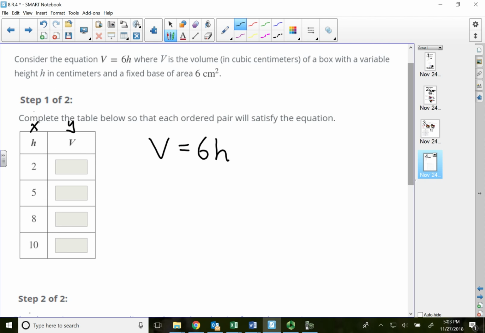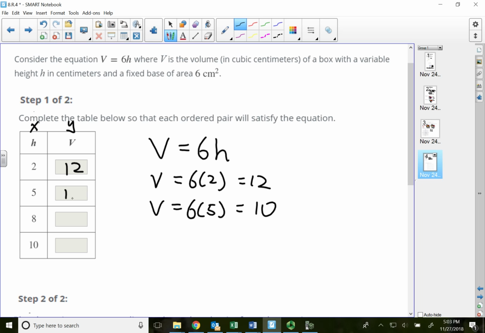So all I'm going to do is substitute 2, 5, 8, and 10 for h so I can see the volume. So my volume equal to 6 times 2, which we know is 12. Next point, 6 times 5, which is 30.